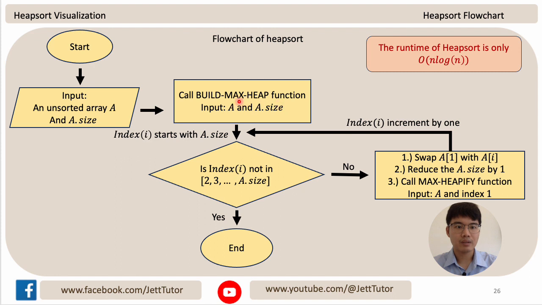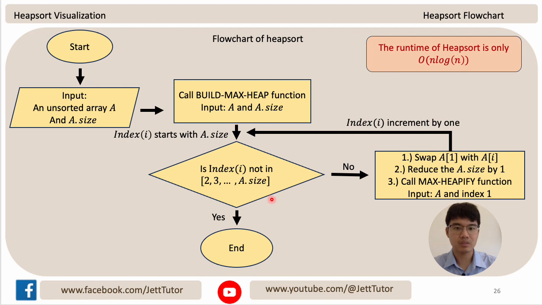And then after that, we initialize the index i to be the size of array A. Then we check if the index i is not in the range of 2, 3 to the size of the array. If yes, we end the process, and then we get the sorted array.